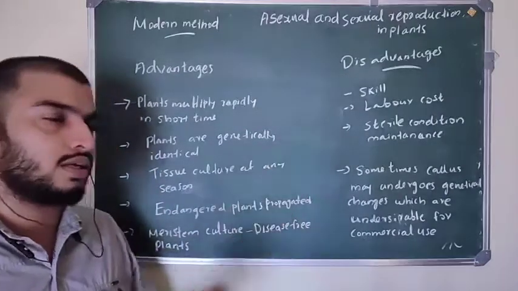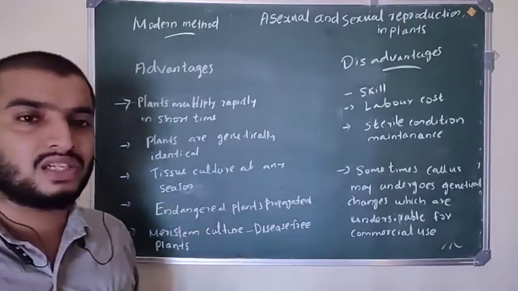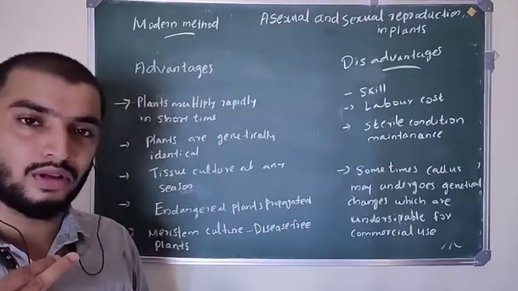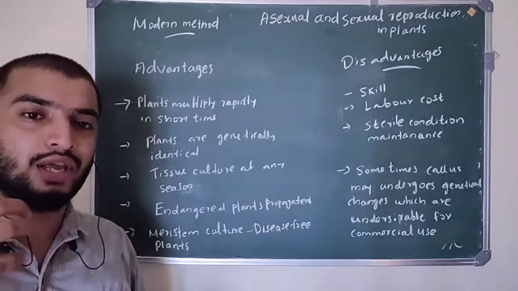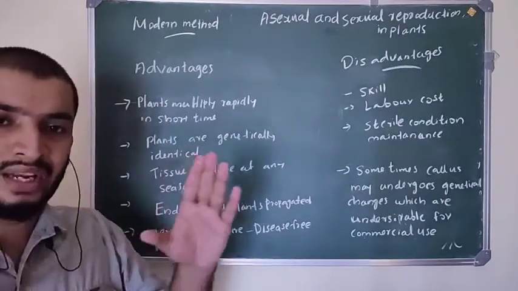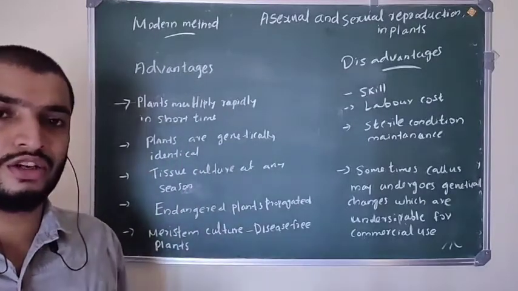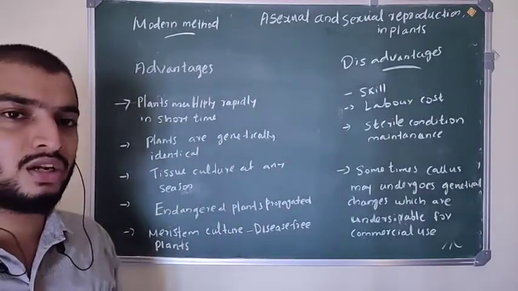And what are the disadvantages? In micropropagation we need skill, and the labor cost is very high, and we have to maintain controlled or sterile condition for performing micropropagation or tissue culture.